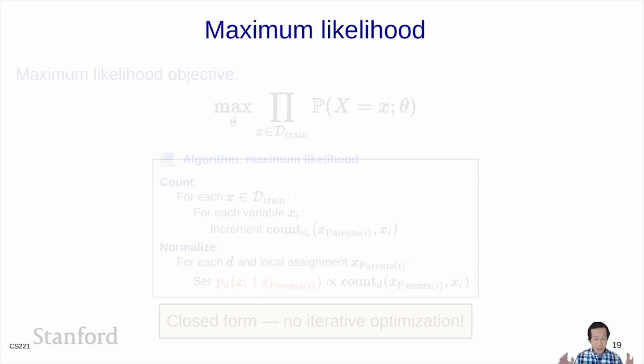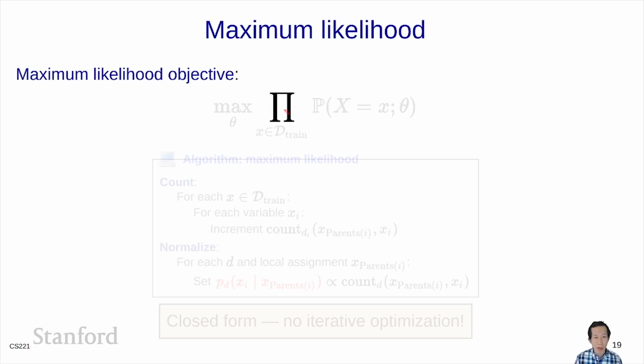So far we've presented this count and normalize algorithm, shown a lot of examples, and hopefully this seems like a reasonable thing to do. But part of you might still be wondering, well, why? Why is count and normalize a reasonable thing to do? There is a higher principle here, and it's called maximum likelihood. The principle of maximum likelihood, which is a very old idea in statistics, is this.